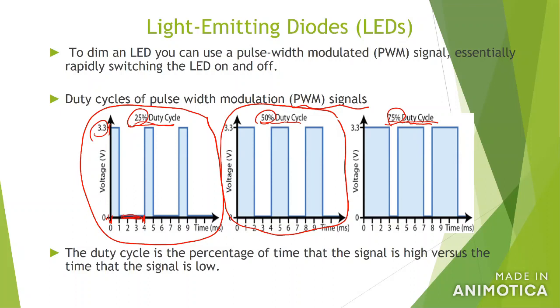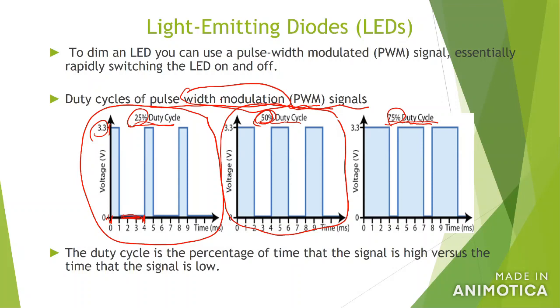For a 50% duty cycle, it means 50% of the time we have logic 1, and the other 50% of the time we have logic 0. For a 75% duty cycle, 75% of the time we have logic 1, and the other 25% we have logic 0. So by changing the duty cycle of the PWM signal, which is a pulse width modulation signal, we change the pulse width.